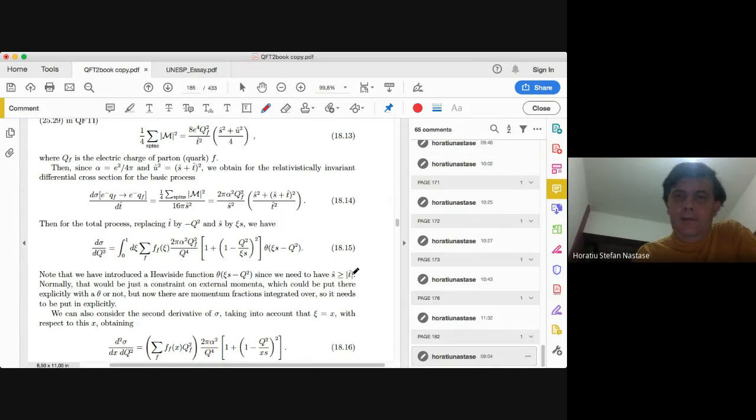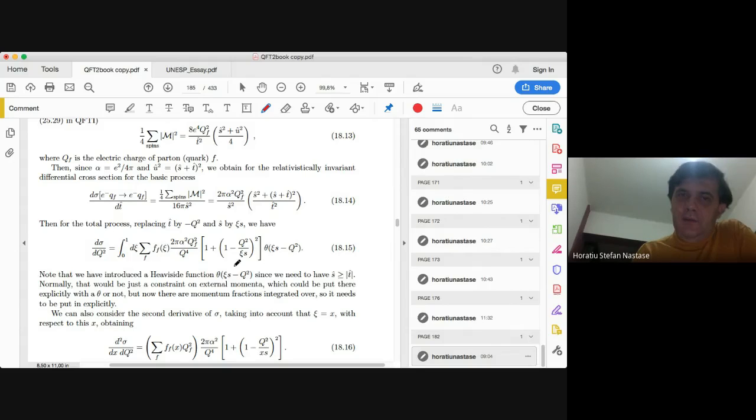So normally, if we had just the basic process, scattering of some parton, then this would be just a constraint on the external momenta, so there would be no point in putting a Heaviside function. But now this is not an independent process, but rather part of the full process, right?